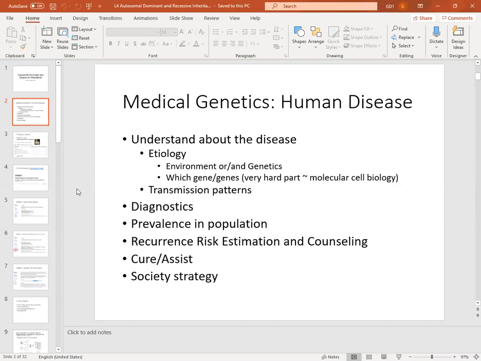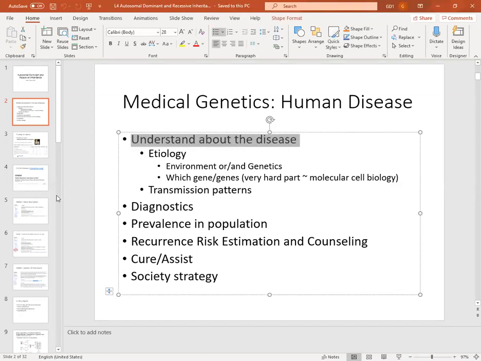At first, I think this slide is made by my own thinking. It's not based on any book or extracted directly from the book, just freely from my mind when I made the slide. So first we need to understand the disease.